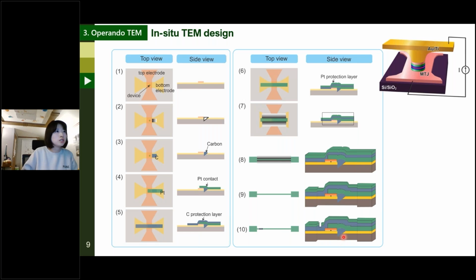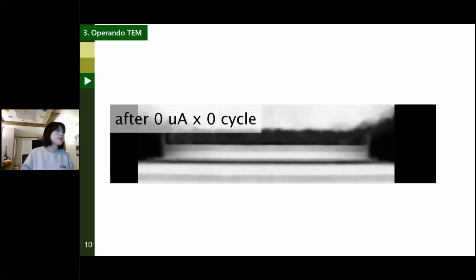On the right side, because there is this carbon deposition cutting the bottom electrode, only the top electrode and platinum will be connected, so that the current will flow in the vertical direction through the nanopillar core region.